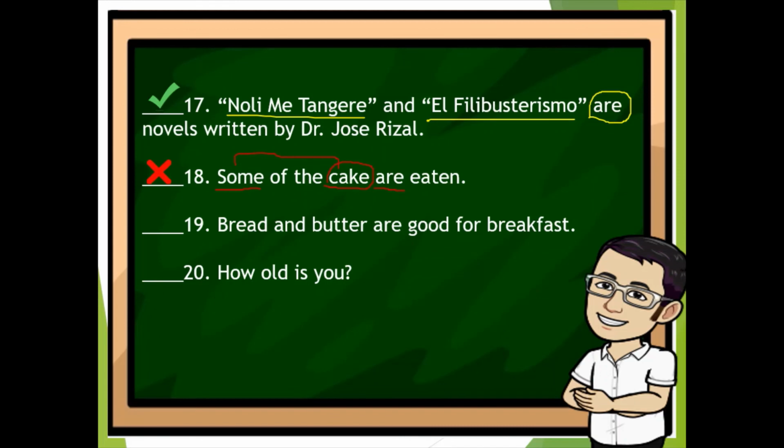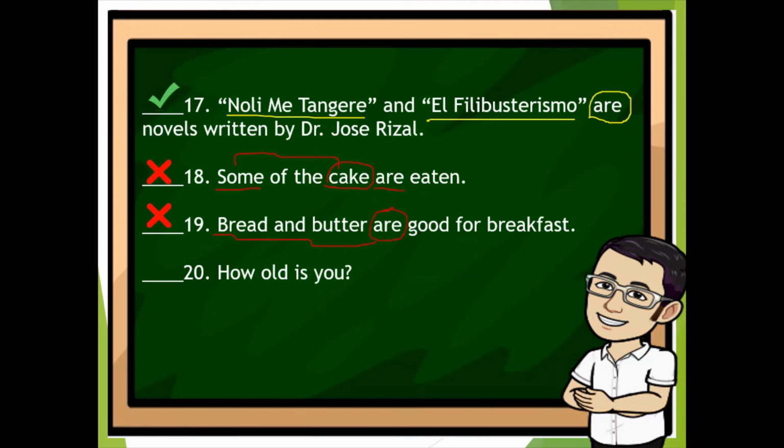Next, number 19. Bread and butter are good for breakfast. The answer: X mark. Why? Bread and butter is a singular subject, so it must take a singular verb. So the error here is are. What should be the verb here?